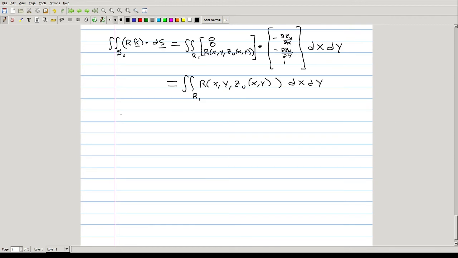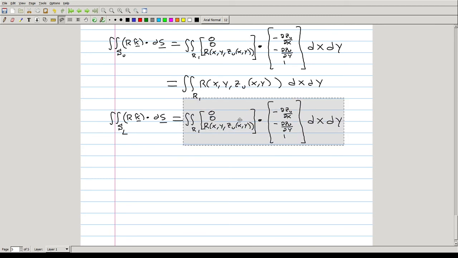And likewise, when we consider the surface integral over S lower, so the lower surface, we get that this is going to be the double integral of the vector field R, evaluated not at z upper but at z lower, and we have to multiply this normal vector by -1.